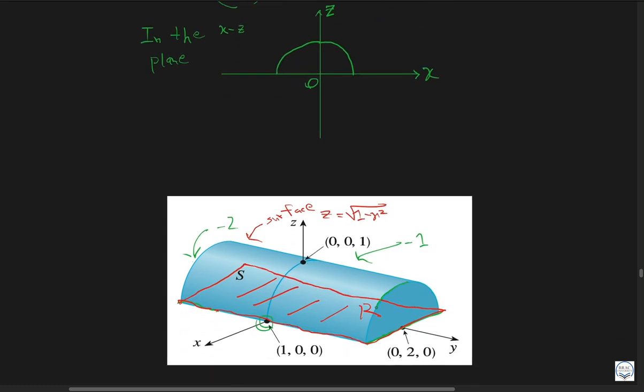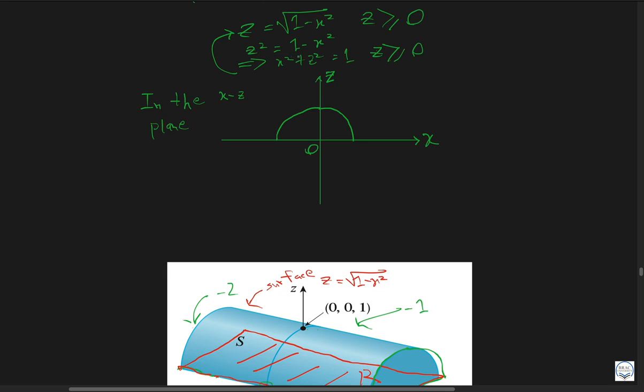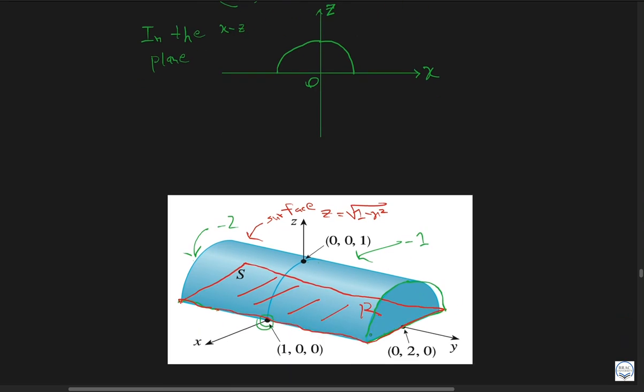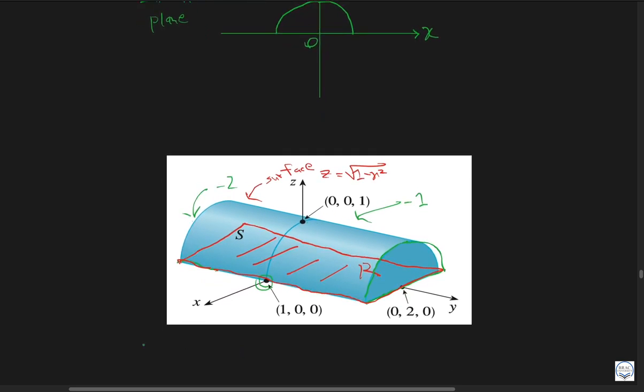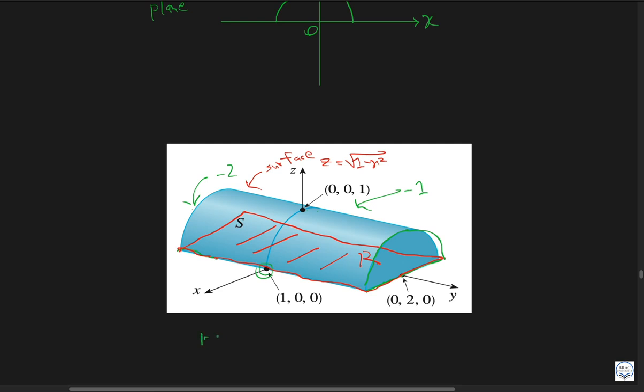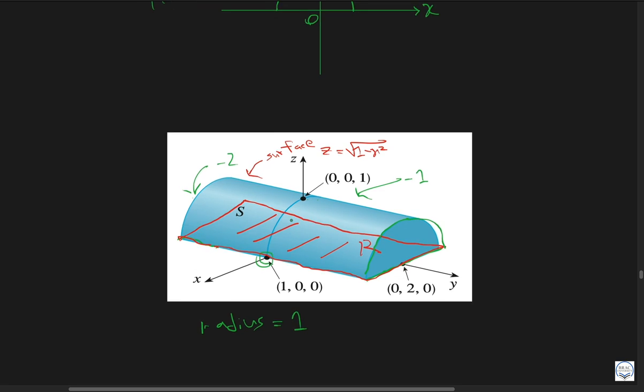So what is the radius of the cylinder? We know from the equation of this circle, this particular slice of the cylinder, must have a radius of 1, because x squared plus z squared equals 1 squared, which is just 1. So the radius of the cylinder is also 1.